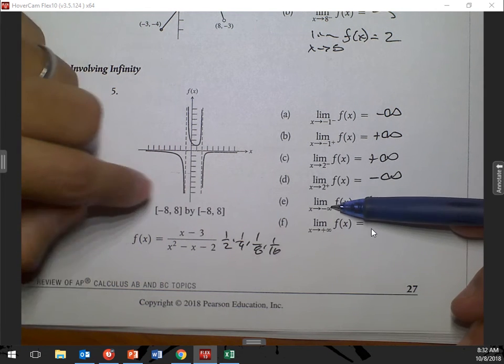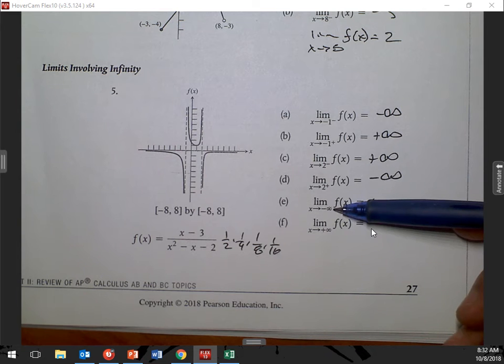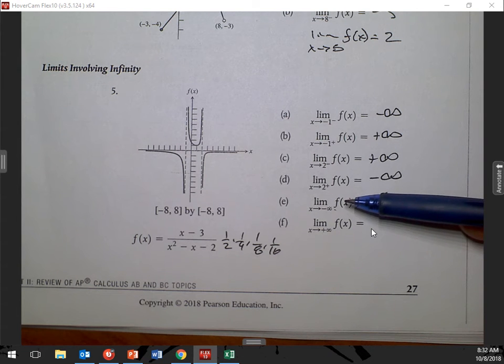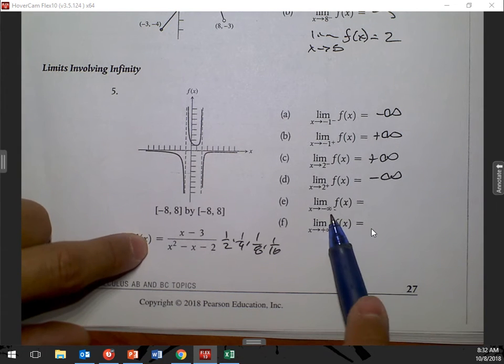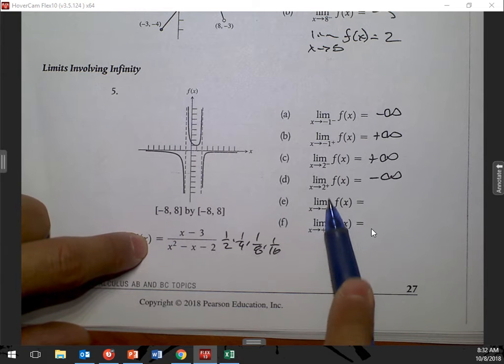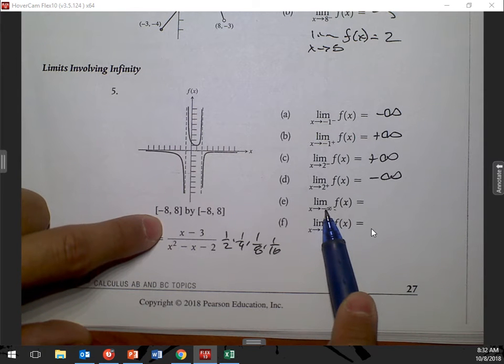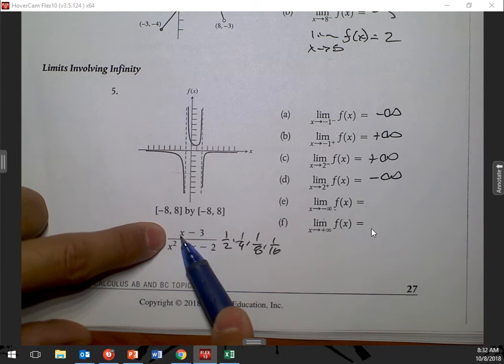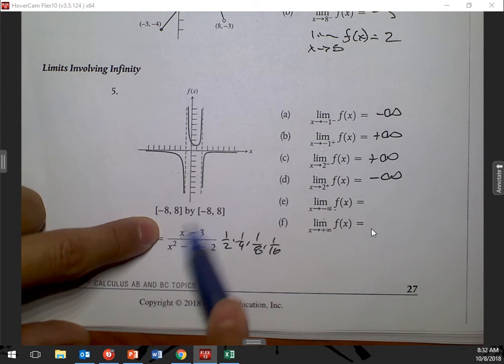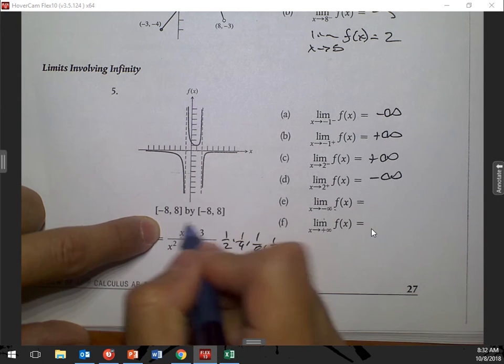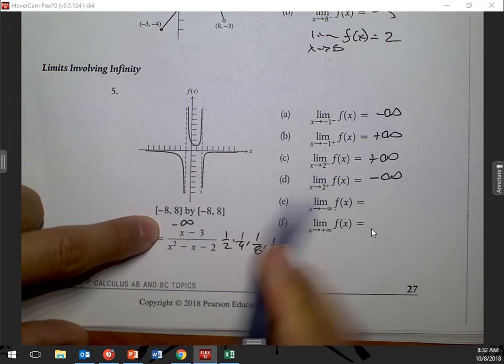Now, let's take a look from the left-hand side. If I plug in negative infinity here, on the top, what am I going to get? Negative infinity, right?